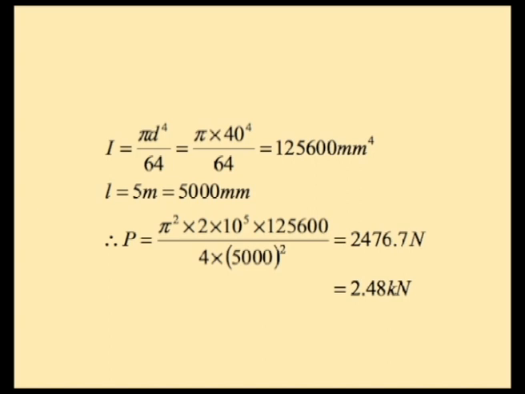Using this formula we will get the I value, and hence P is equal to 2476.7 Newton or 2.48 kilonewton. So, it is much easier to arrive at Euler's crippling load if we are familiar with the different end conditions and conversant with computing the moment of inertia.